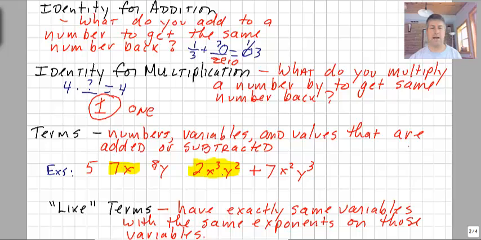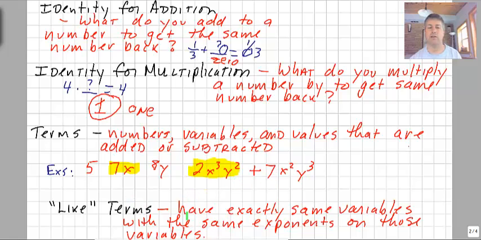I might try and add 2x cubed y squared plus 7x squared y cubed. Well, I can't do that, okay? I'm not able to add those, because looking below, these are not like terms. 2x cubed y squared plus 7x squared y cubed, not like terms.